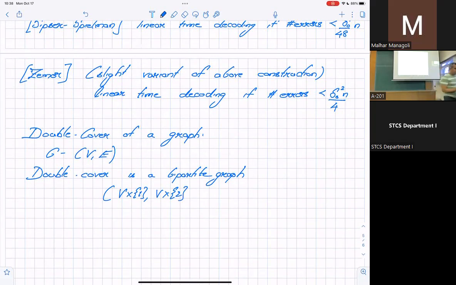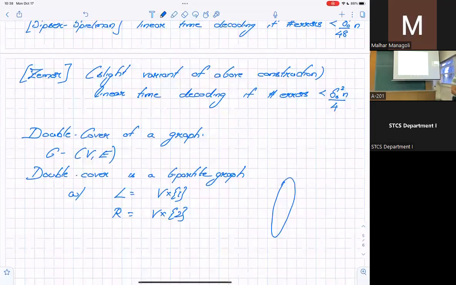It is a bipartite graph with L equal to V cross 1 and R equal to V cross 2. These are identical copies of the vertices.